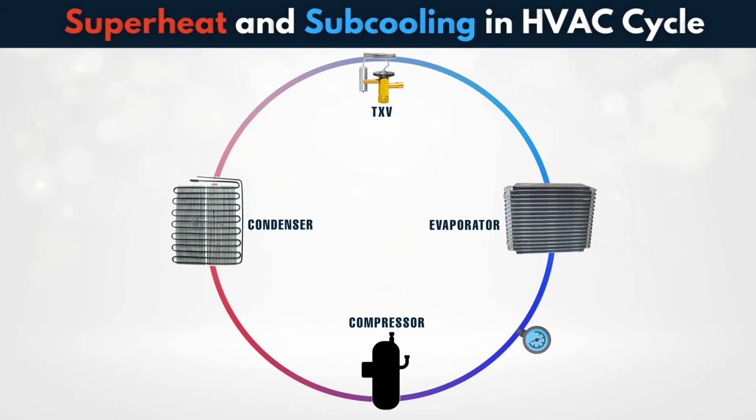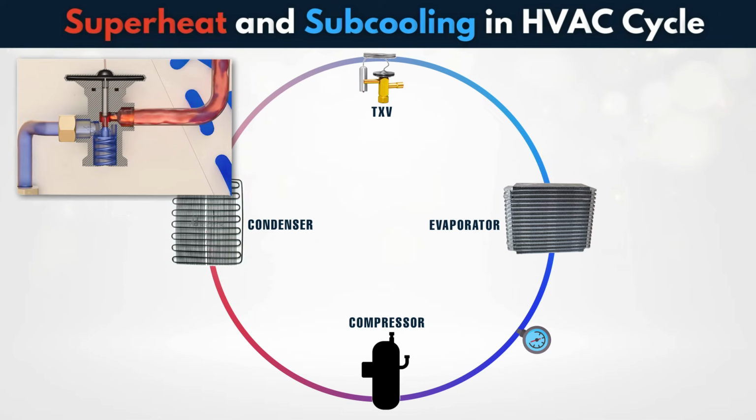Subcooling in the HVAC cycle. In the condenser, the opposite happens. The refrigerant exits the compressor as a superheated vapor and is cooled down until it condenses into liquid. After all vapor has turned to liquid, we want a few extra degrees of cooling. This is subcooling.